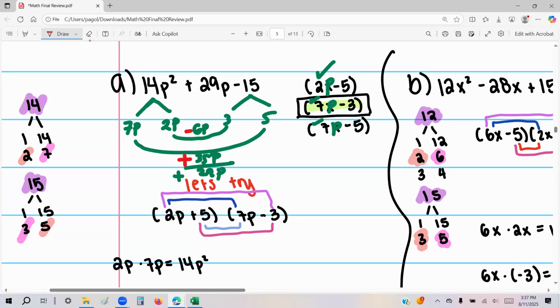This is negative 6p, so our 3 has to be negative because by default these two are positive. So 2p times negative 3 will give you negative 6p. That means 2p will be in one parenthesis and negative 3 in the other. That means the 5 has to go next to the 2p and 7p has to go next to the negative 3.